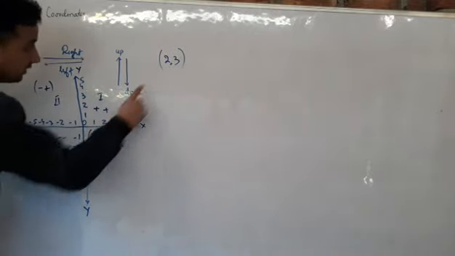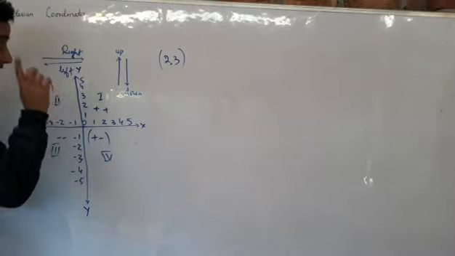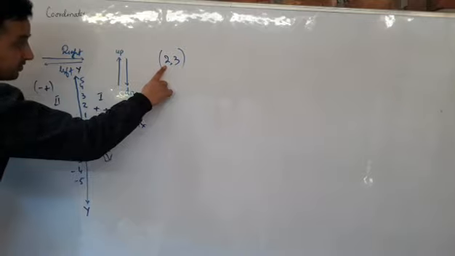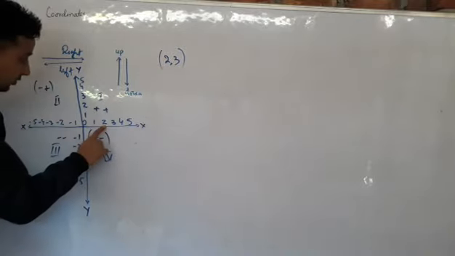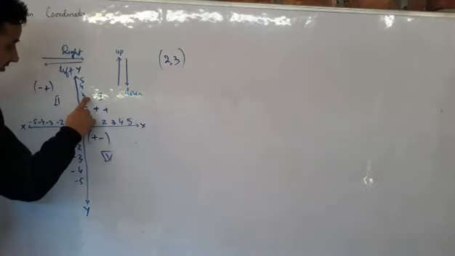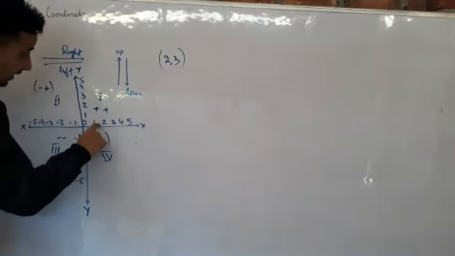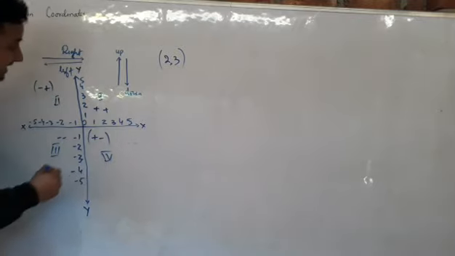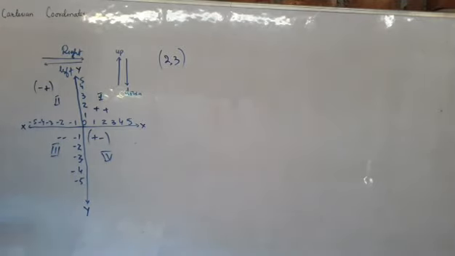This is 1, this is 2, this is positive. On the x-axis you should first locate the first term. This is 2, and the second term is 3, also positive, so obviously it goes up there, and the coordinate point (2, 3) will be here. This is the coordinate point.